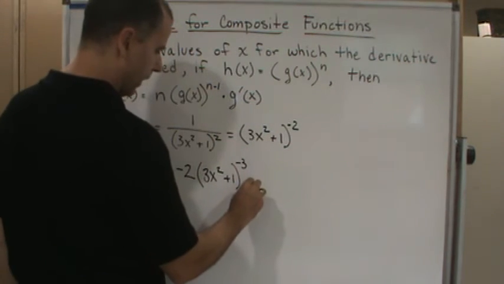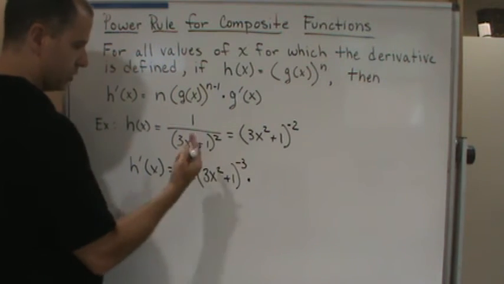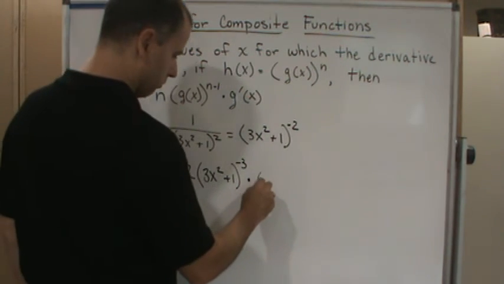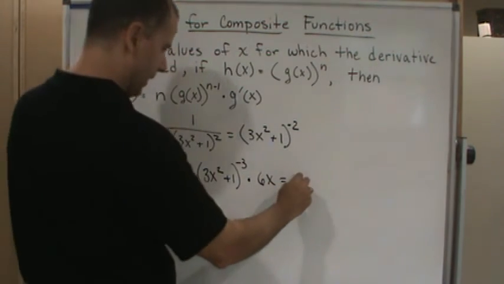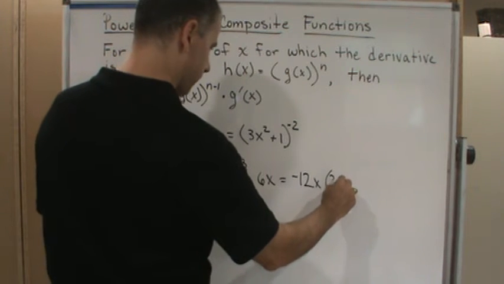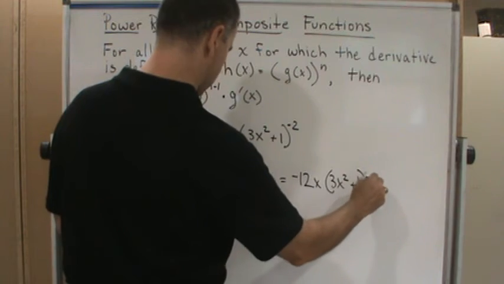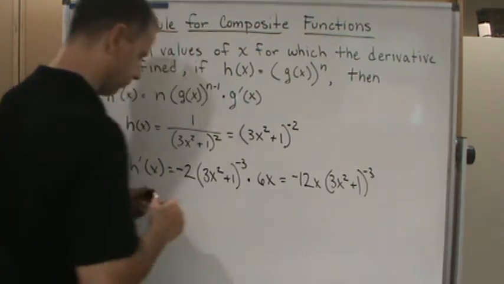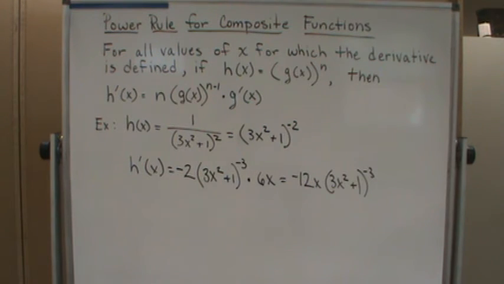Now I'm going to multiply by the derivative of the inside function. The derivative of the inside function is just going to be 6x. Now when I simplify this, I get negative 12x times 3x squared plus 1 to the negative third power. And that is the final result.